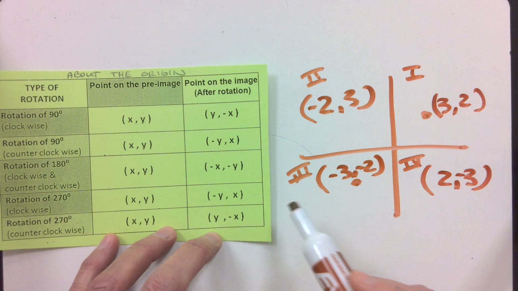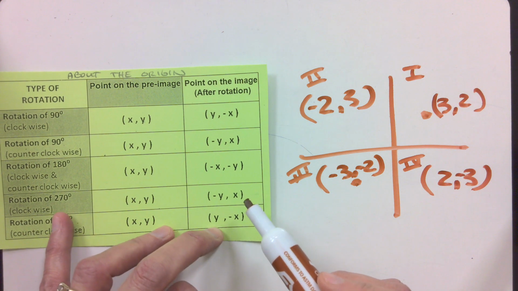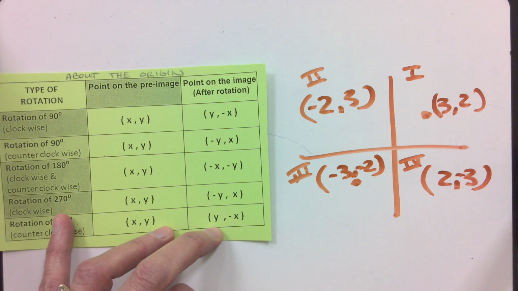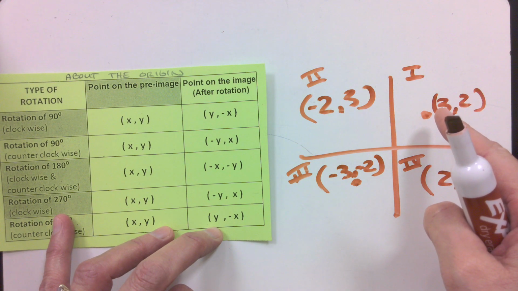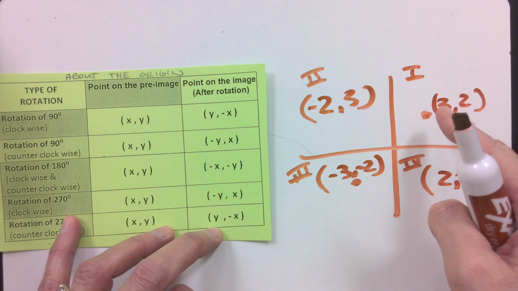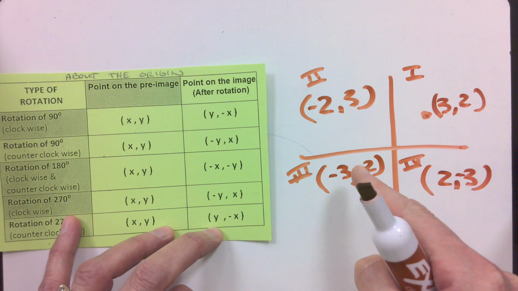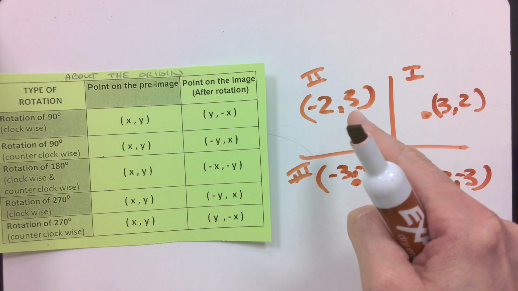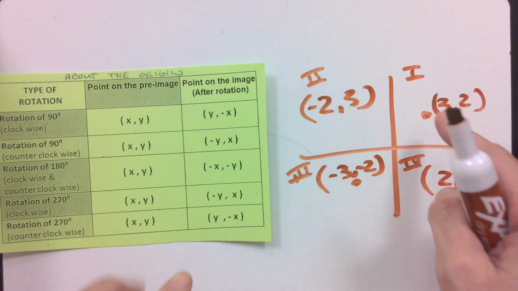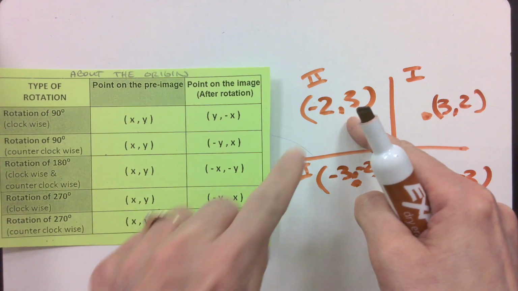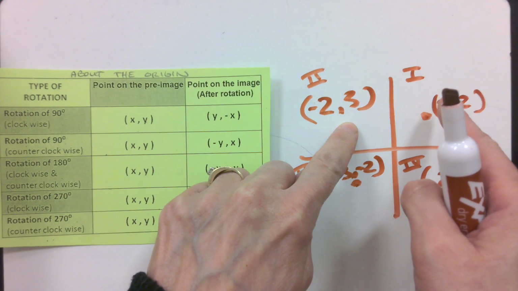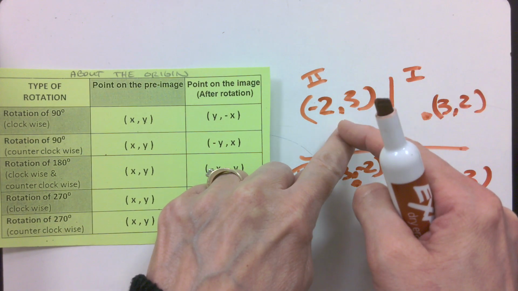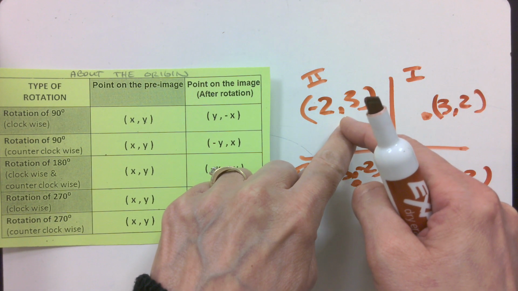Now, the last part, just to go over real quick, rotation of 270. If I start here and go 270 degrees clockwise, I'm going to go 90, 180, 270. It's going to land here. That's exactly the same thing as starting here and going 90 degrees counterclockwise. I would land in the same spot.